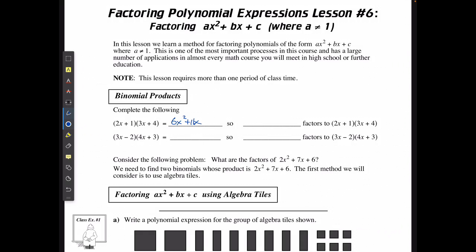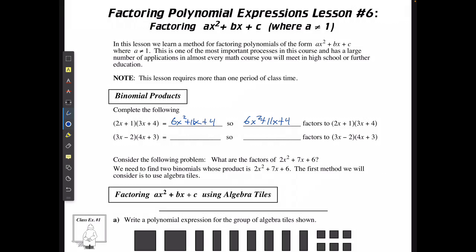And 1 times 4 is 4. So if when I multiply these out, it gives me the trinomial 6x squared plus 11x plus 4, then 6x squared plus 11x plus 4 has to be able to be factored into 2x plus 1 and 3x plus 4, which is what we're going to be learning today.